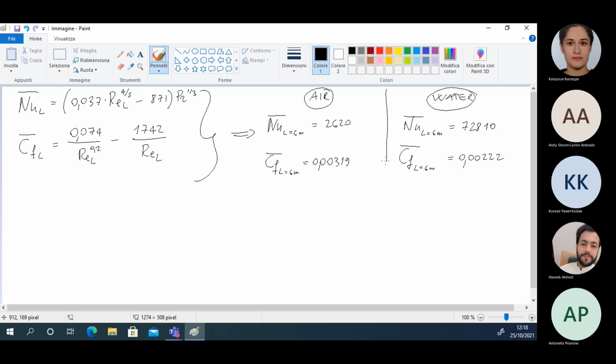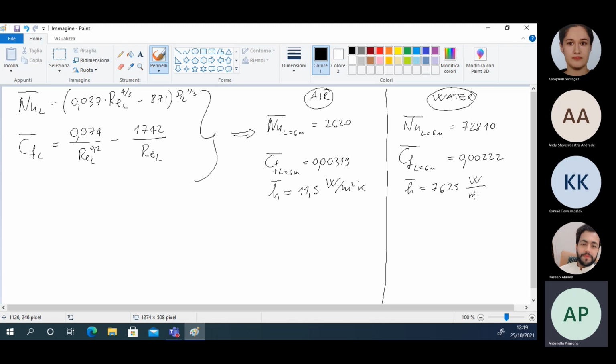And I go on with this calculation. I have that H average value is equal to 11.5 watt per square meter Kelvin for air, and H average value is equal to 7,625 watt per square meter Kelvin for water.